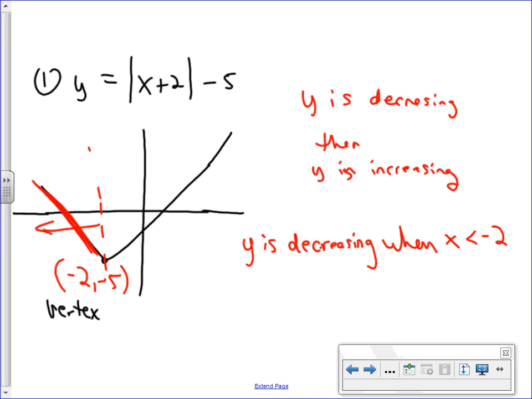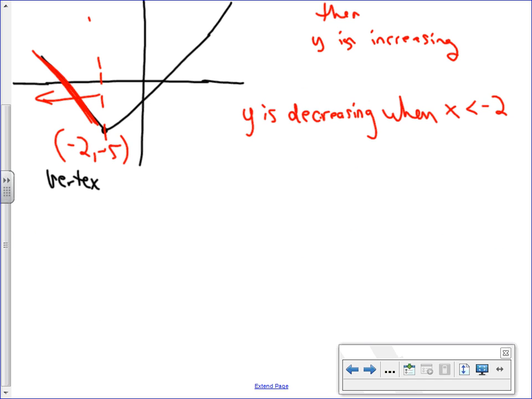X is less than negative 2. Okay, and then you're going to write Y is increasing when X is to the right of the vertex. That's all of these points here. Everything to the right of the negative 2. You notice that we're picking up this number, the X number, not the Y. Okay, that's the process we're going to use for each one.